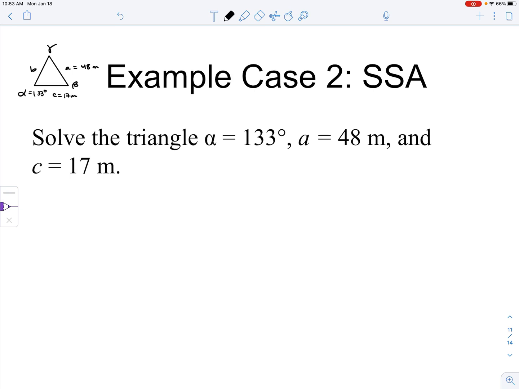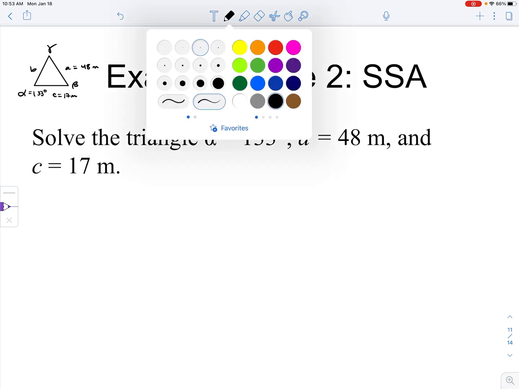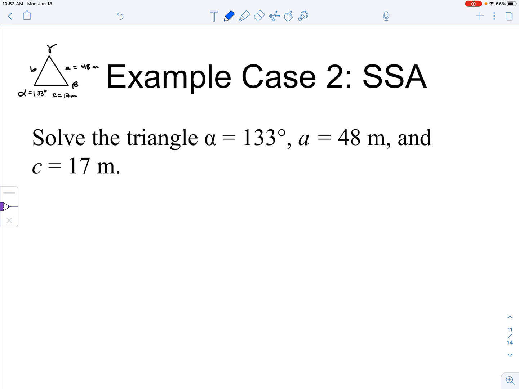Okay, so we have to solve for angle gamma first. That's the only option to solve for first.